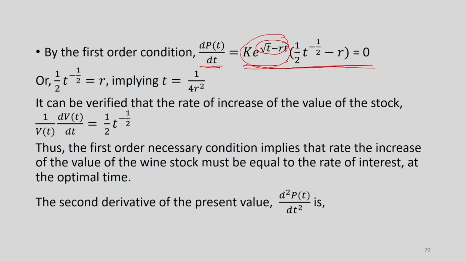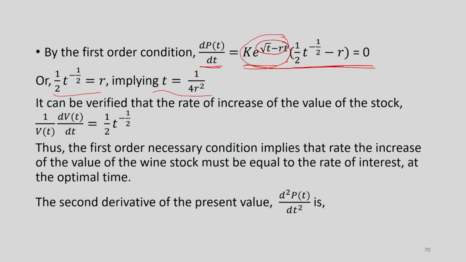So, the second part will be equal to 0 to satisfy the first order condition. Half of t to the power minus half minus r should be equal to 0, which if we simplify becomes this. I have to express this as a function of r because I have to find out the optimal t. So, that optimal t is equal to 1 divided by 4r square.